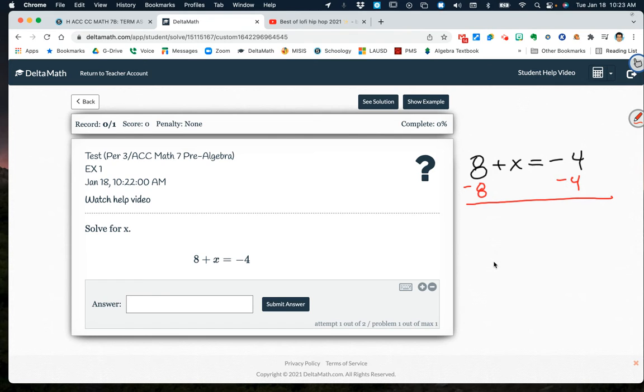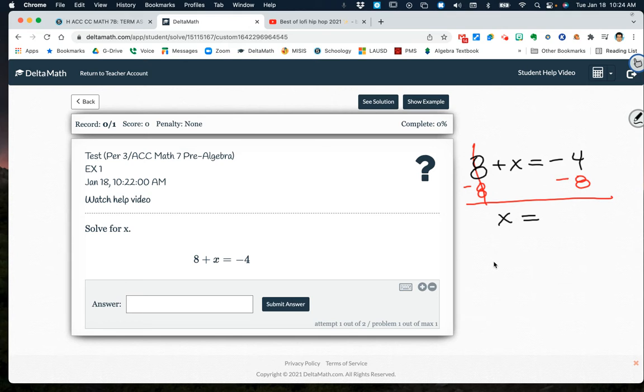So look what happens. This is the theory behind it that I need you to understand. If I'm adding 8 and -8, what does it become? 0. Right? So the only thing left on the left side is x. We've isolated x. Now we just have to figure out what, I made a mistake though, didn't I? I should have put a -8 here.